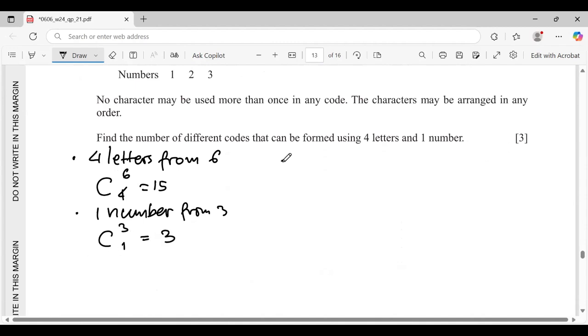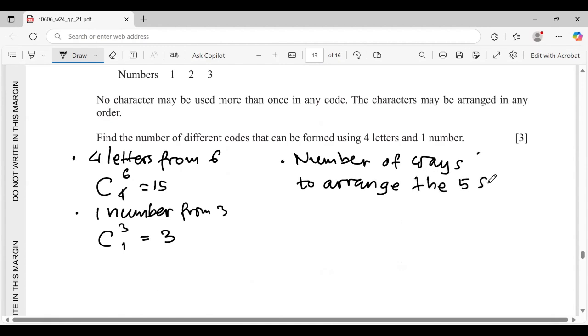And after that, the number of ways to arrange the 5 selected characters is 5 factorial, and 5 factorial is 5 times 4 times 3 times 2 times 1, which is 120.